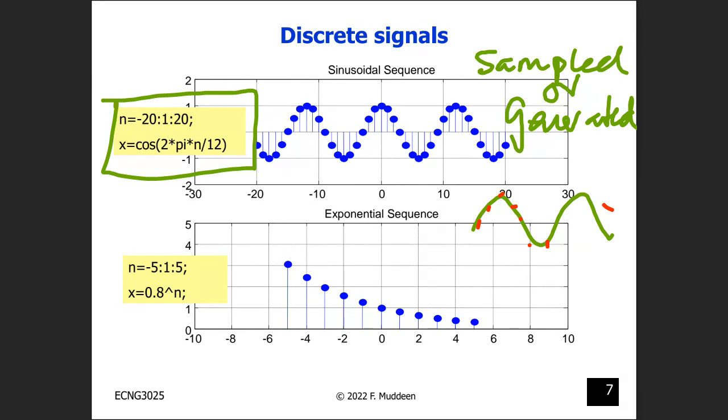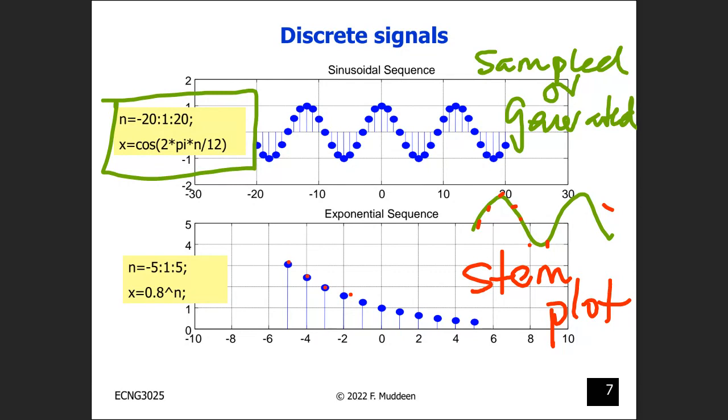Then below we have an exponential sequence. Again, all you know in life, if you're given that, is these points here. By the way, just as an aside, these are created by something in MATLAB called a stem plot. The actual values are the lollipop heads on the top there.